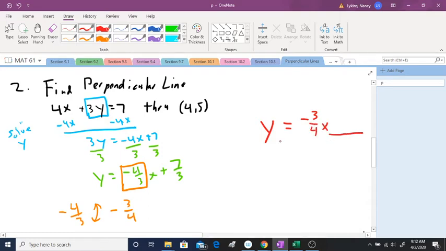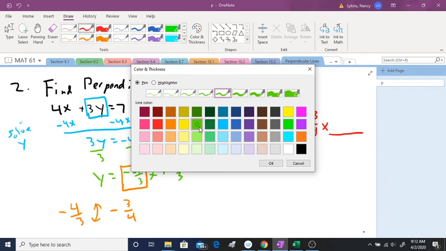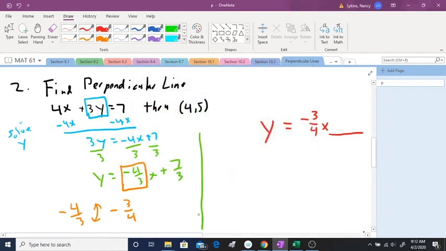Now I need to find out what comes behind it. So y equals mx plus b. My y is my 5. My m is my new negative 3/4. And my x is 4.